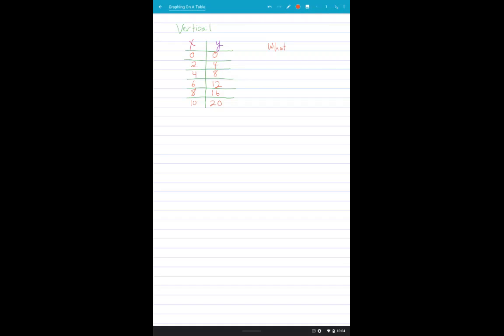What else do you notice about the numbers in the table besides the consistent increase?